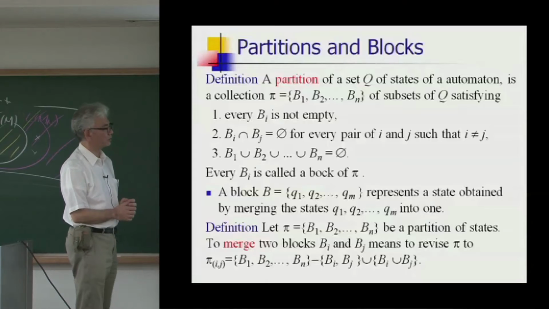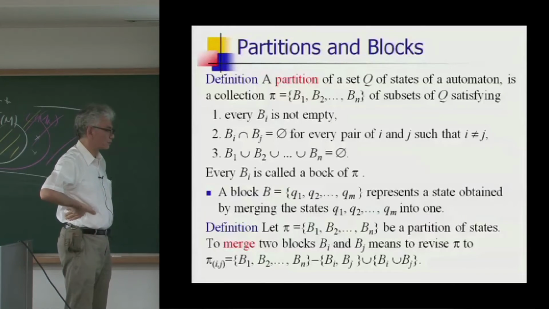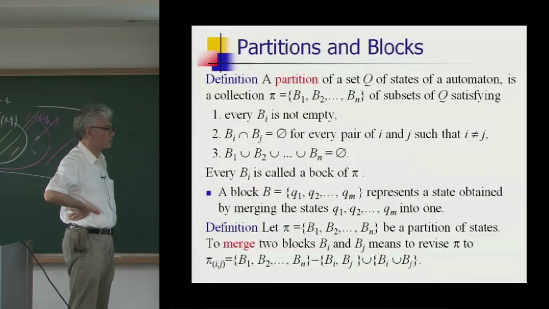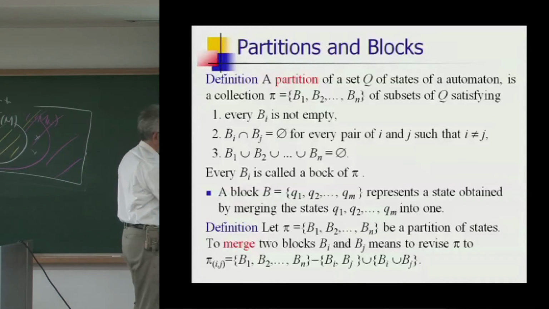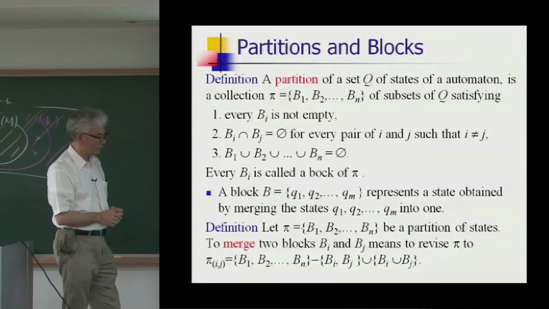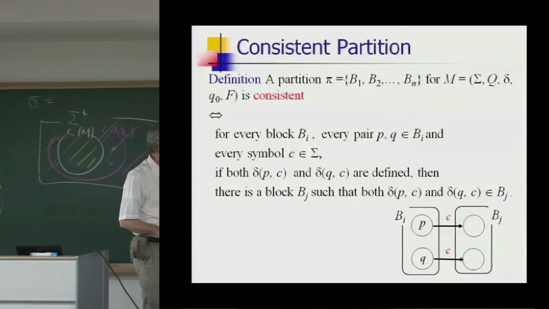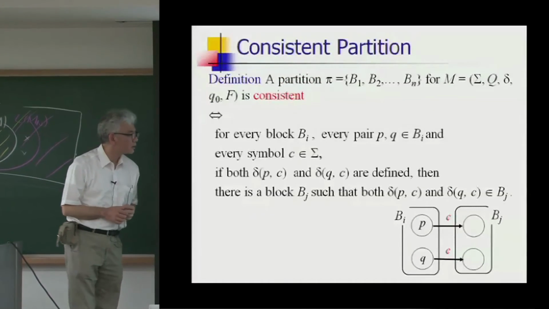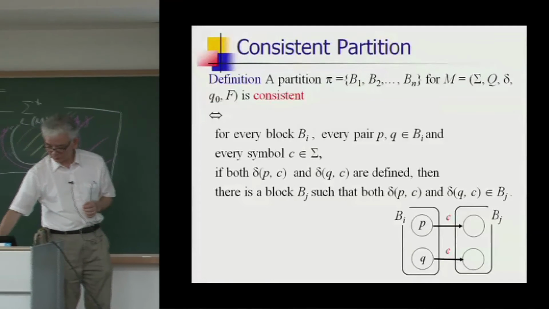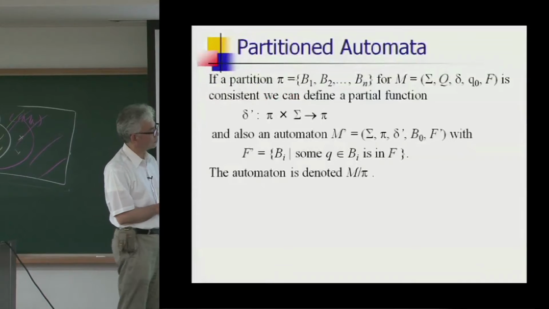Then every B_i is called a block of pi, and a block represents the merged states of Q. We give some consistency condition on the blocks, and then we can define the quotient.